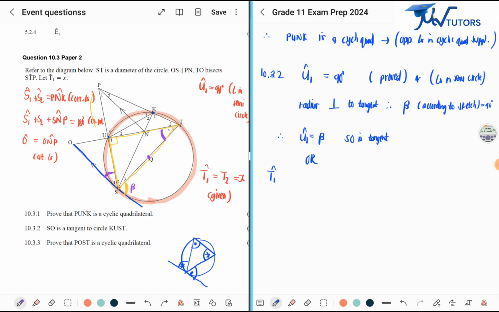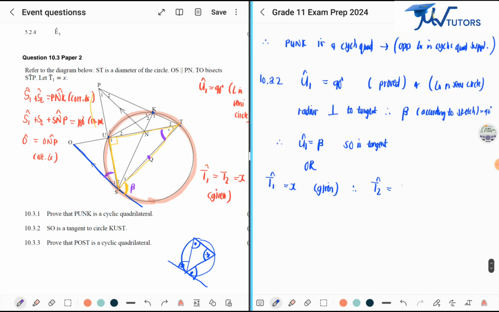Okay, we know that T1 is equal to X. Okay, that's given. And T2 is equal to T1, which is equal to X. Okay, that was given because it bisects.